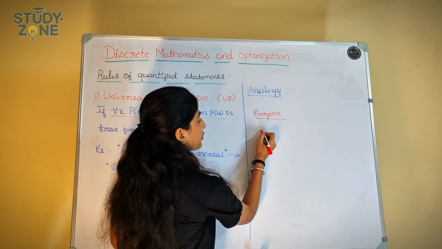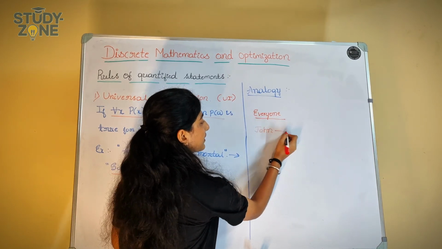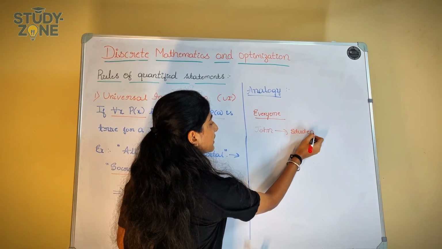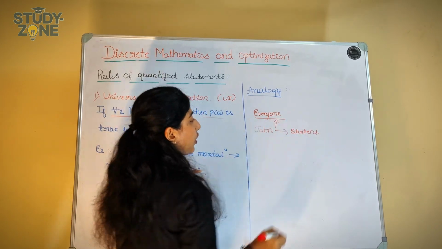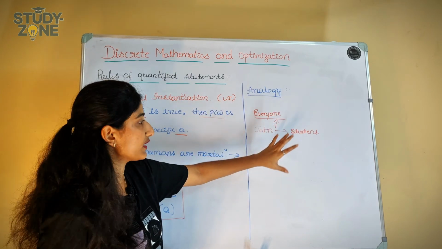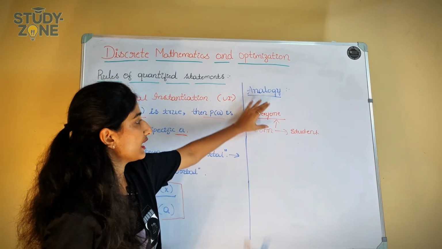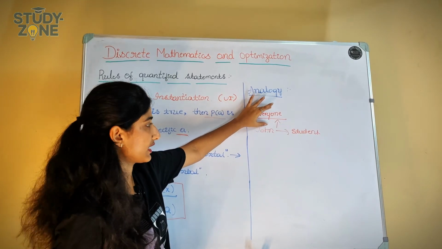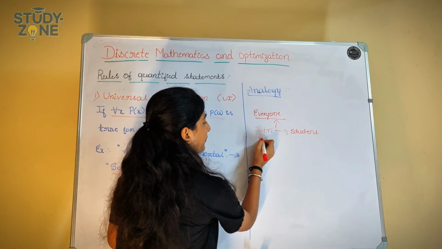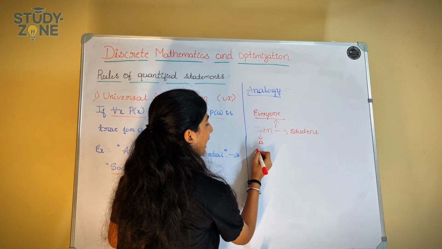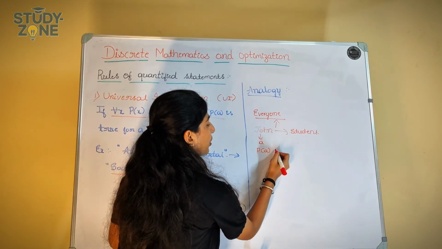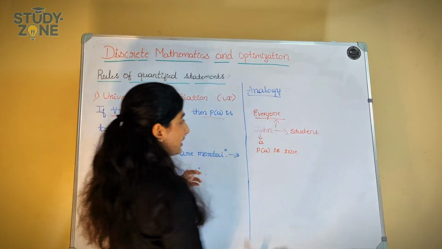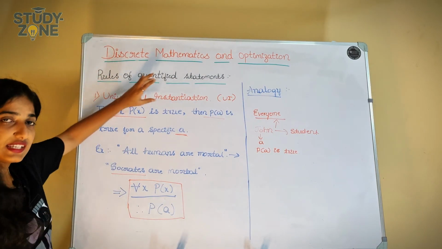Who is John? John is a student. So since the teacher told everyone, and John is a student, John also must submit his homework. Here P of x is true for each and every x. Then John is an a, correct? So for any a, P of a is also true. Do you understand? So this is about universal instantiation.